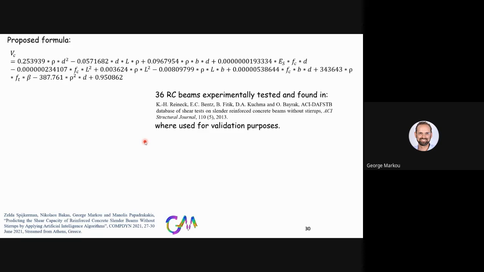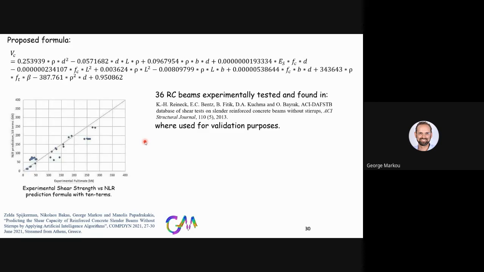We didn't use a single experimental data point, and then we developed the formula, we tested it again on digital data, and then we got 36 experimental data. So we got 36 reinforced concrete beams that were experimentally tested, and we used the proposed formula to check whether we have the ability to actually predict the strength of this type of specimens.